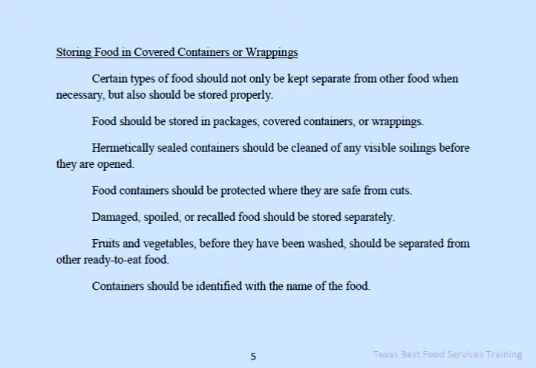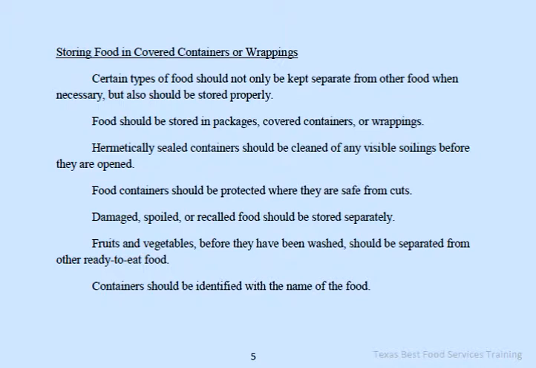Storing food in covered containers or wrappings. Certain types of food should not only be kept separate from other food when necessary, but also should be stored properly. Food should be stored in packages, covered containers, or wrappings. Hermetically sealed containers should be cleaned of any visible soiling before they are opened.